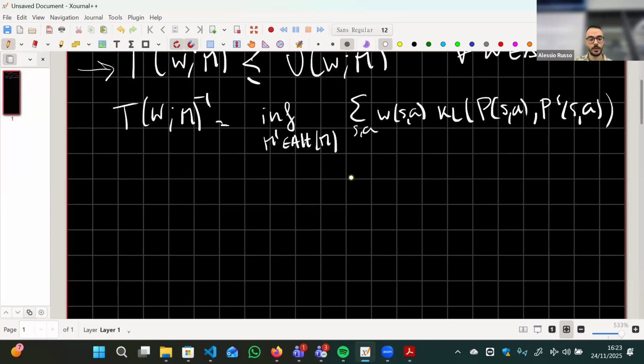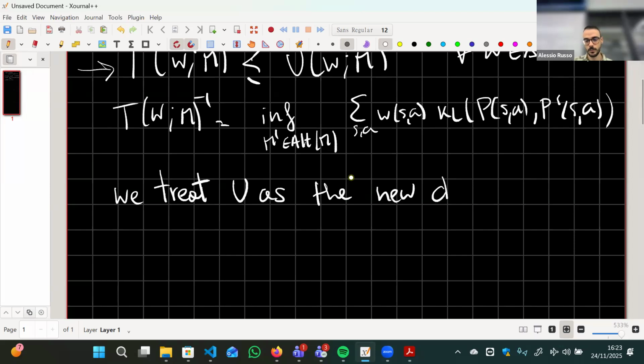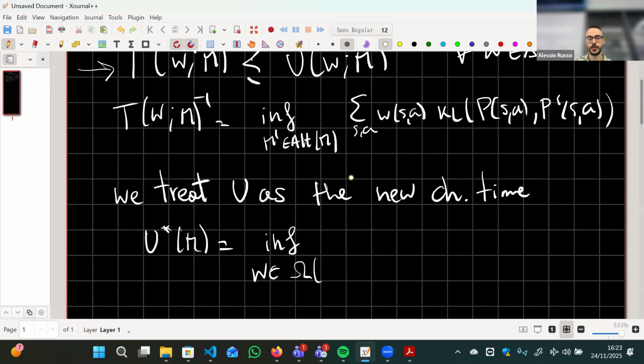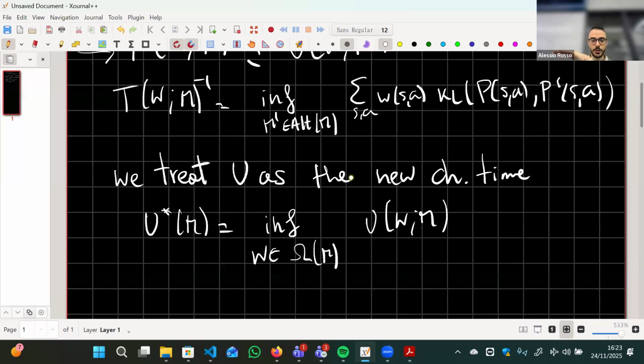So we treat U as the new characteristic time. And we define U star in a certain MDP M as simply the infimum over all distributions W that belong to the set of stationary distributions of M of U(W, M). So the optimal relaxation is the one that solves this optimization problem here.